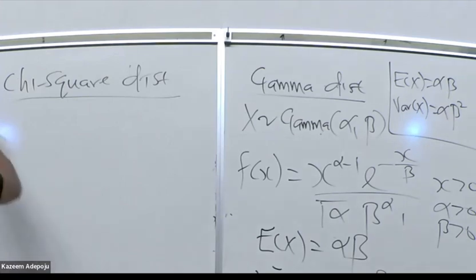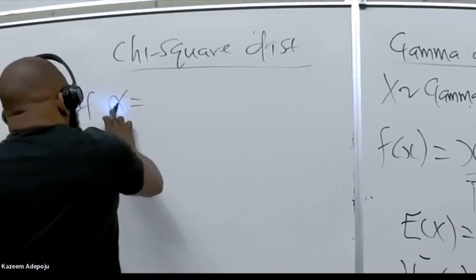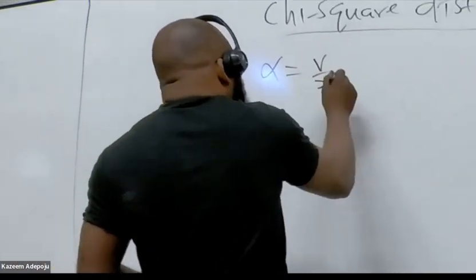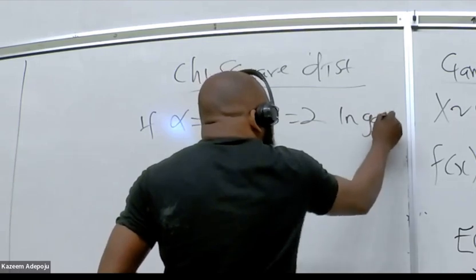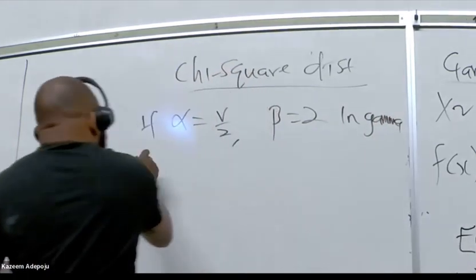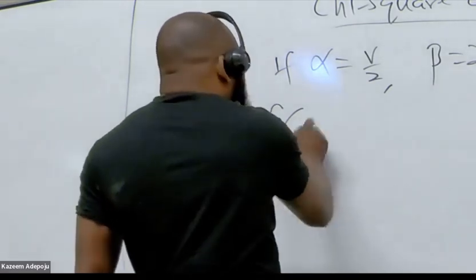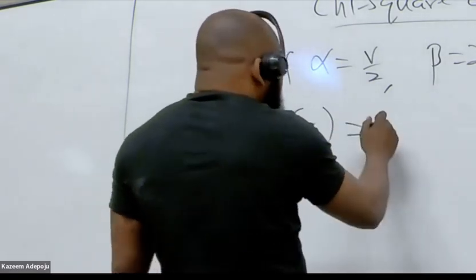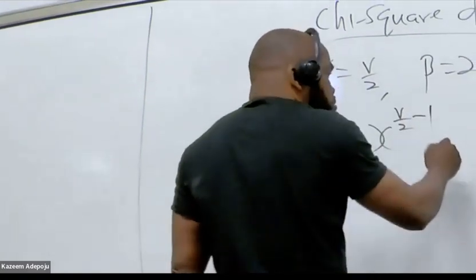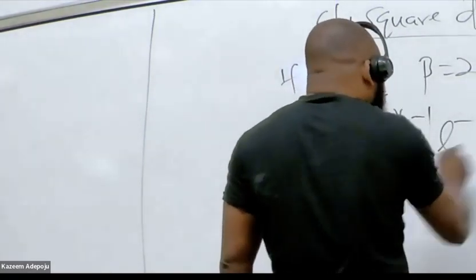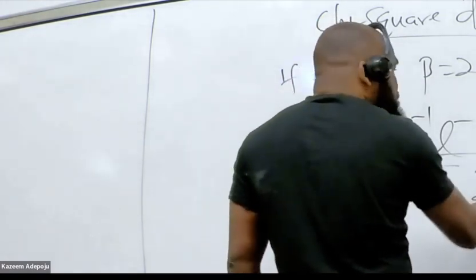Okay, so if alpha equals V over 2 and beta equals 2 in gamma, I'm actually going to have a new distribution now. f of x is going to be x raised to power V over 2 minus 1, exponential of this, divided by gamma alpha, or 2 raised to power that.